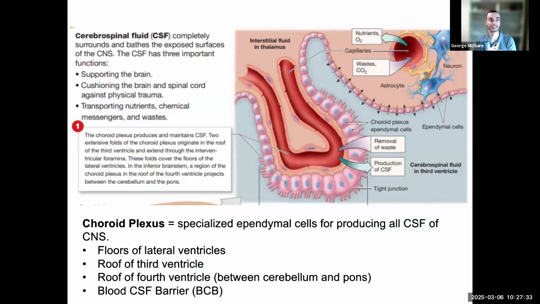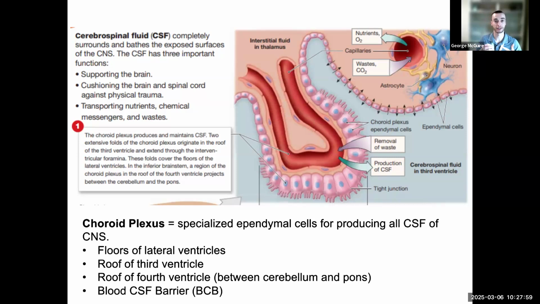So speaking of that blood CSF barrier, one of the regions where we see that show up are the choroid plexi or choroid plexuses. And the choroid plexus is a region with these specialized ependymal cells that produce all of the cerebrospinal fluid of the central nervous system. So we have choroid plexuses show up in a couple different places: in the floors of the lateral ventricles, the roof of the third ventricle, and the roof of the fourth ventricle.